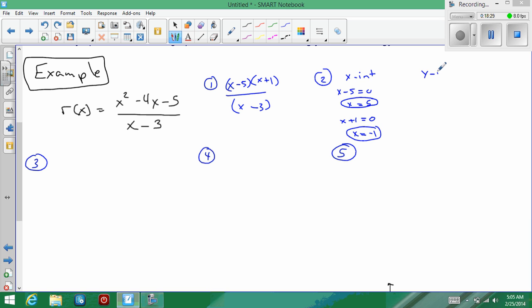For the y-intercept, we plug in the value of 0. So we get 0 minus 5 over 0 minus 3, which is negative 5 over negative 3. So y equals positive 5/3, or 1 and 2/3.